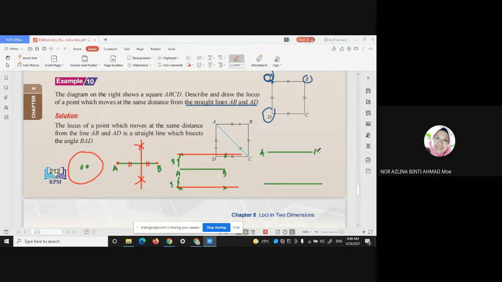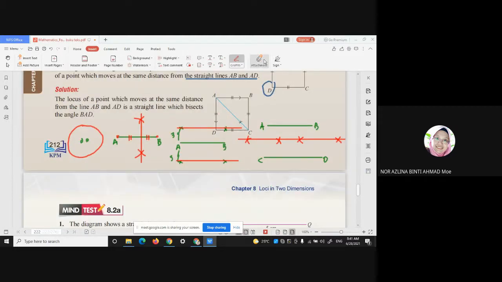Number 4. We have 2 lines. What is the locus between those 2 lines? This is A, B, C, and D. So, same, we use compasses from point A, left and right, from point C, left and right, from point B, left and right, from point D, left and right.